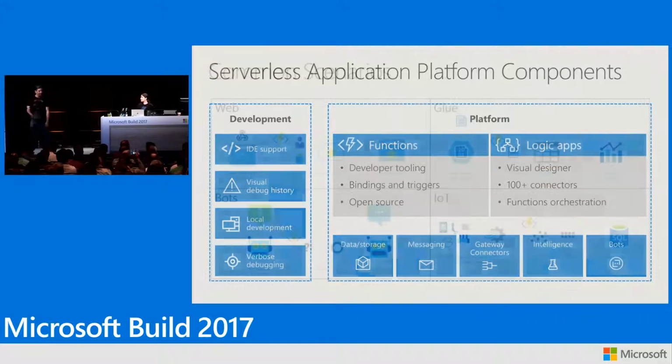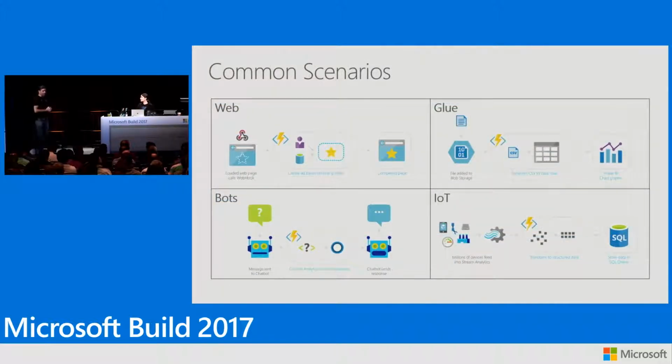All right, so what have we seen customers using over the last year and a half that we've been working? We've seen a lot of customers, and these are some of the common scenarios that we see. Top left, you see the web version, which is a fully serverless web application. Daria will demo that, and we'll see a demo through the rest of the presentation.